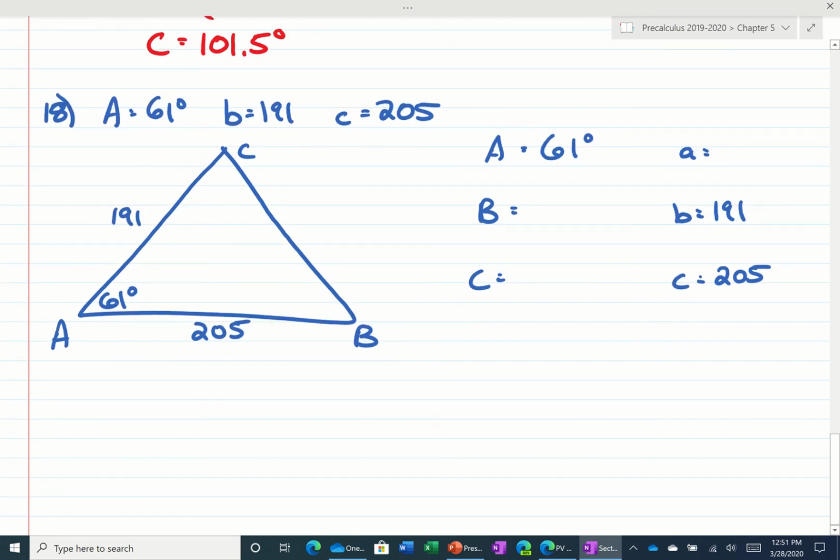Alright, so we can't make a full fraction, but we do know what angle A is, so I'm going to use the formula to find what side A is.